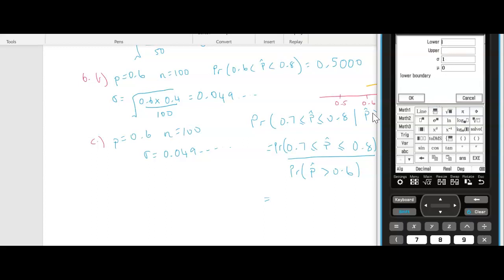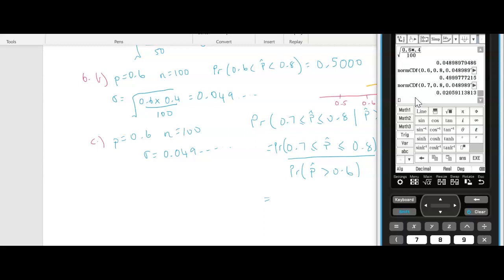So for the first one, we're going between 0.7 and 0.8. My standard deviation, I'm going to paste that in, and my mean is 0.6. I'm just going to leave it there. I'm not going to write that in because I'm just going to go straight to doing it again for the denominator.